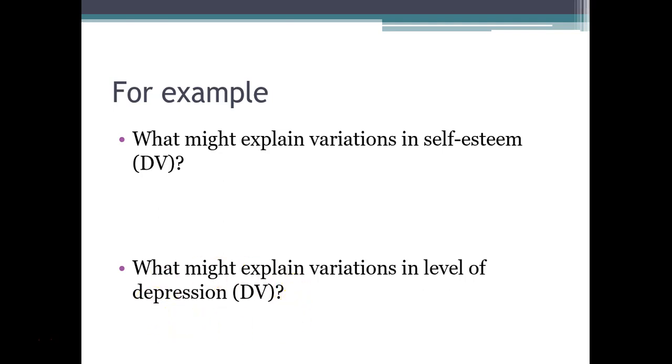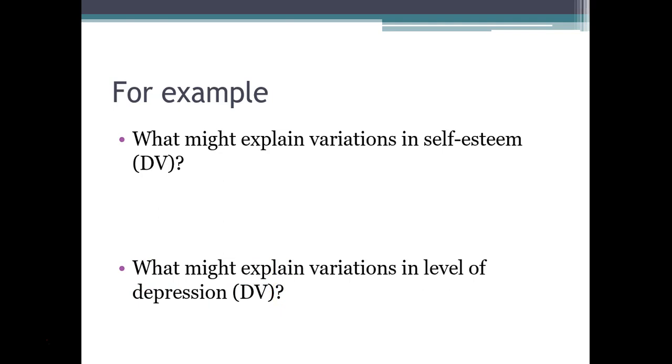But in the real world, it's much more complicated than that. There's probably not just one factor that explains why people have higher or lower levels of depression. There's probably many factors, such as marital status and gender and student status and family satisfaction and socioeconomic status and all sorts of things that would truly go into somebody's level of depression as the dependent variable.